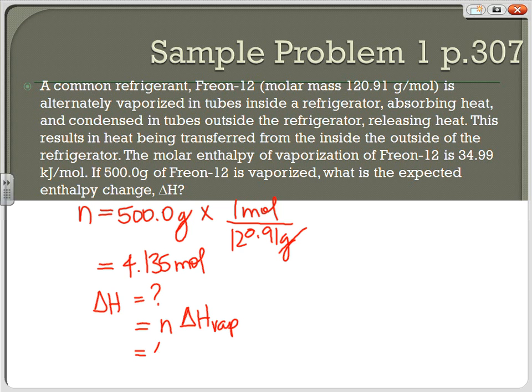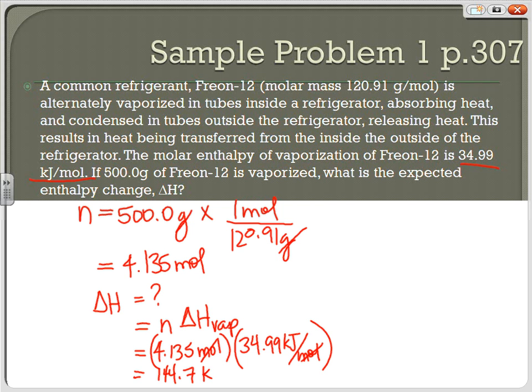So I get 4.135 moles multiplied by the molar enthalpy, which is 34.99 kilojoules per mole. If you look, your moles end up canceling out, and your final answer is 144.7 kilojoules. So that's how much energy is needed to transfer 500 grams of Freon 12 from a liquid to a gas.